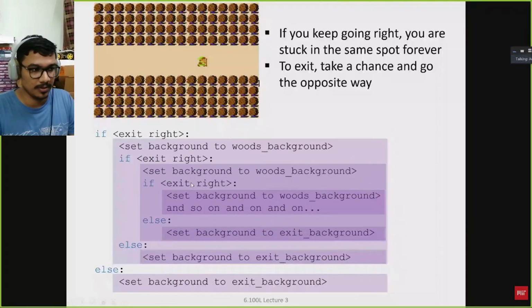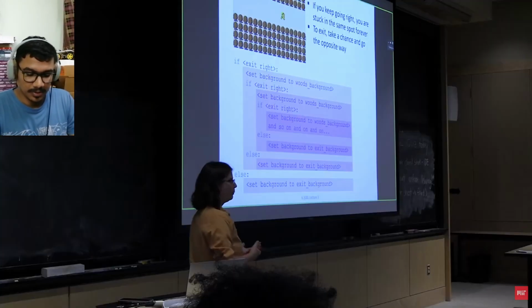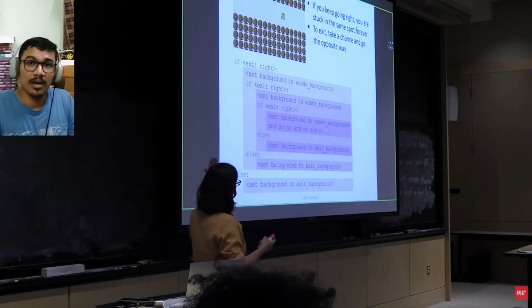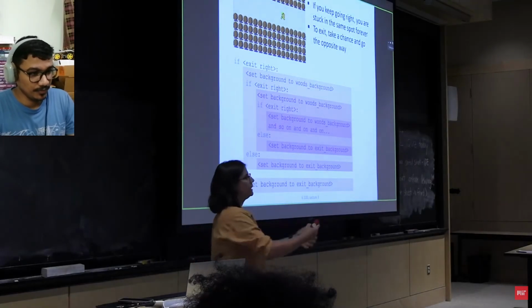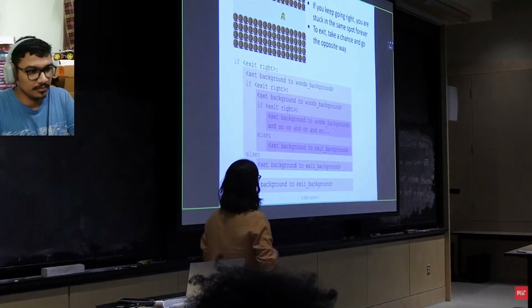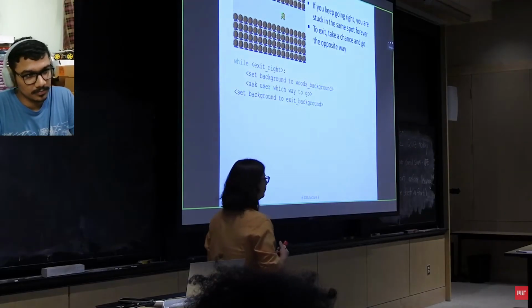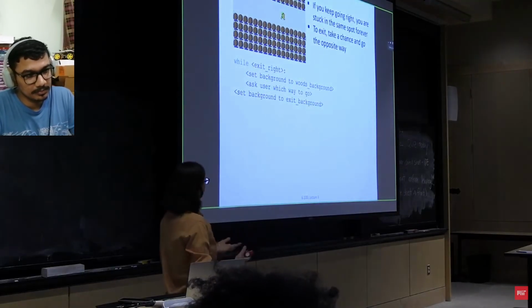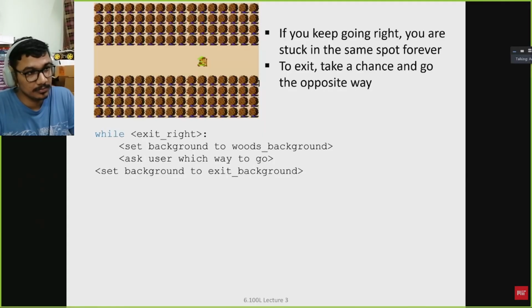Here we already have 3 in case the user said I want to go right 3 times in a row. But we don't know how persistent the user will be. So how do we know when we're writing our code how deep to make this nested loop? We don't, right? We won't be able to really code this up very well with what we know so far. And so that's kind of the motivation for introducing iteration.